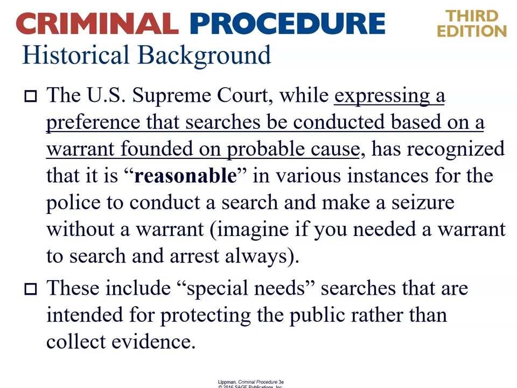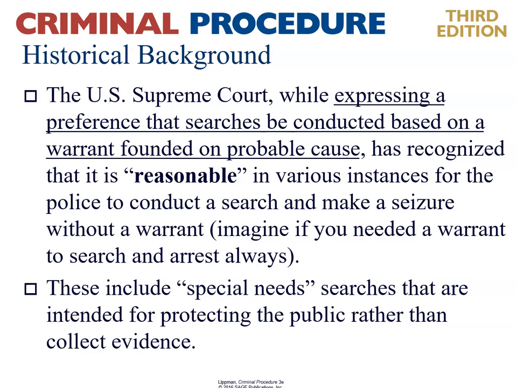These include what we call special needs searches. These are intended for protecting the public rather than collecting evidence, because sometimes, again, things really happen. And these searches do not greatly intrude on an individual's privacy while they protect the public safety.